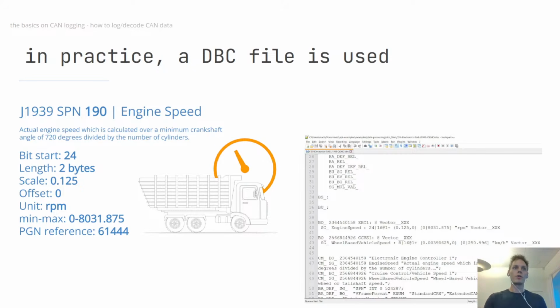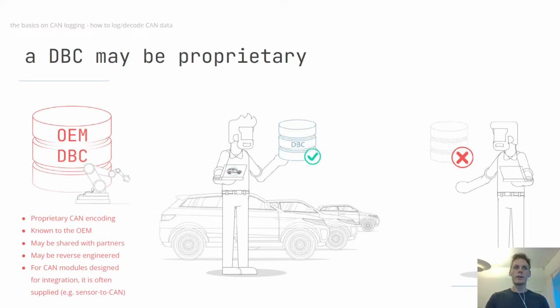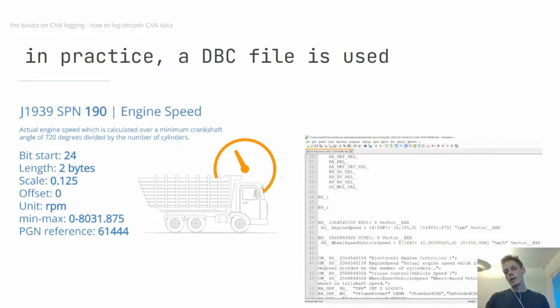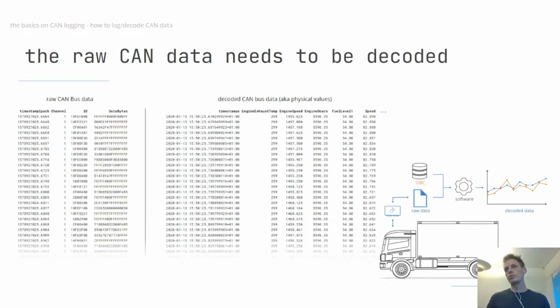So you might have 8 bytes in a CAN frame, and 2 of the bytes here comprise engine speed. And you need to decode it by basically converting it to decimal form, scaling it in a linear equation. Now, you don't do this manually by hand. That would be a very difficult exercise, but you will use software tools to do this, as we'll get back to a bit later here.